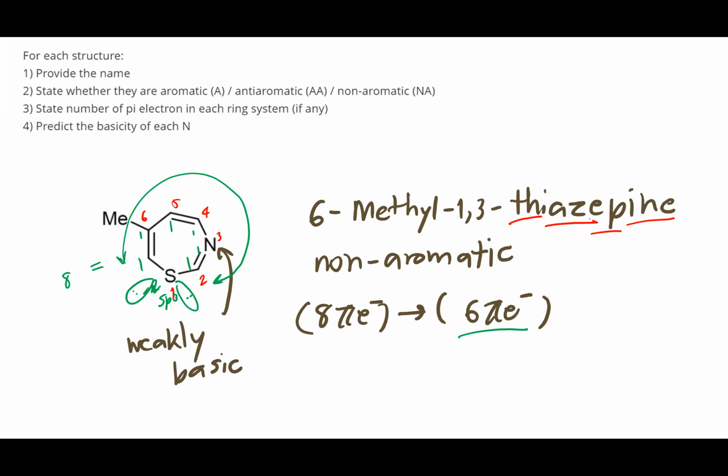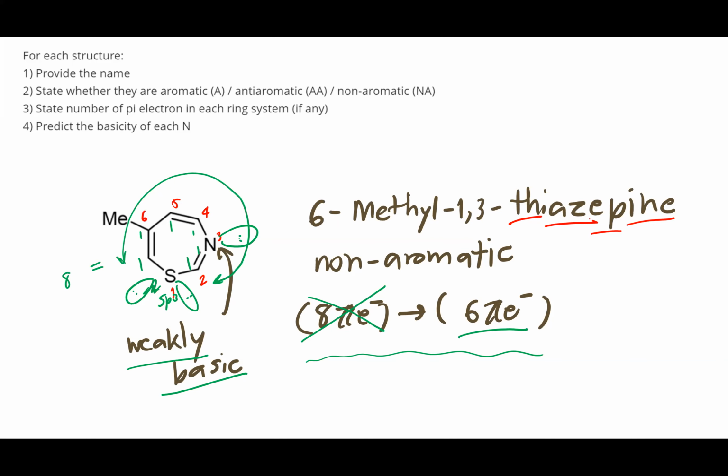Because it's not fully in a circle. These are kind of dodgy. It's not 100% correct, but definitely not 8 pi electrons. It could be 6 pi electrons by the conjugation of these 6 double bonds, or maybe it might twist so that none of the double bonds overlap or something like that. I'm not 100% sure. But anyway, this nitrogen is also weakly basic because the lone pair is in an sp2 orbital as well, right?